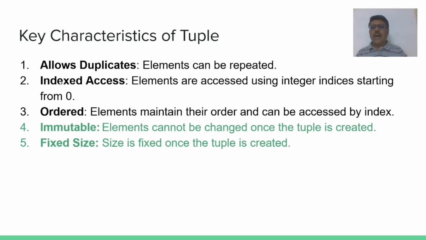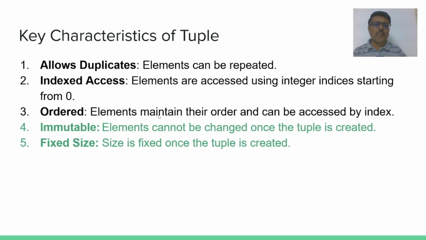Okay. And indexed access, that means elements are accessed using integer indexes starting from zero. That means what is the first item, second item. In fact, that's what we have just now done also, right? x of 6, x of 3, like that we have seen. So we'll be able to do that also.